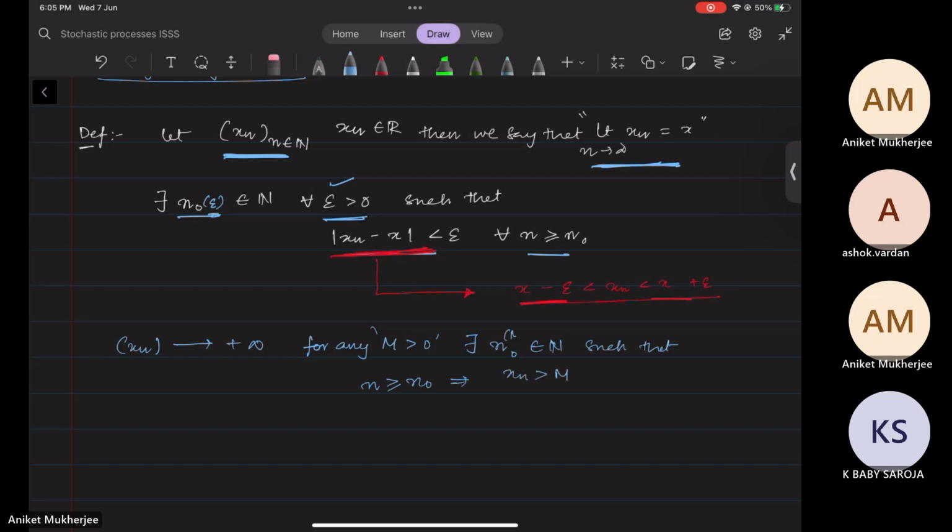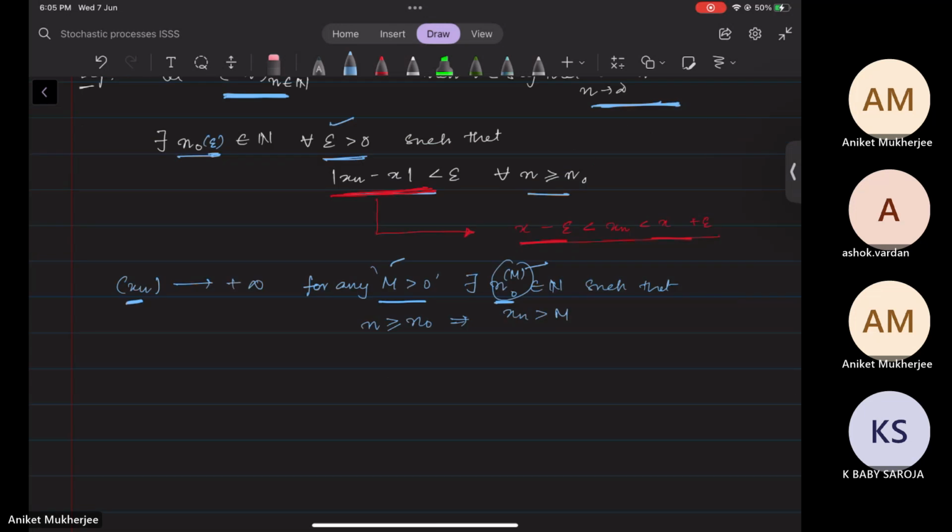Now this n naught is a function of m. This is implicitly stated. So when I say that xn diverges off to plus infinity, what does it mean? That you give me any number, I'll give you a natural number such that for all the indexed elements of the sequence xn, it will be greater than this number. If this holds for any m that you can provide me, the sequence will eventually go to plus infinity. That is what this means.